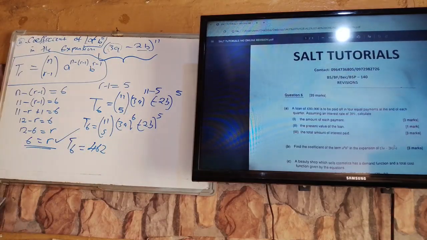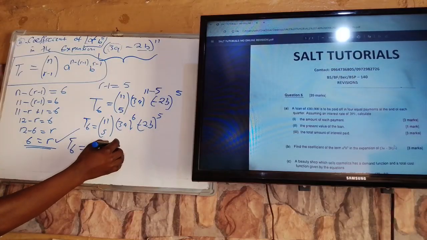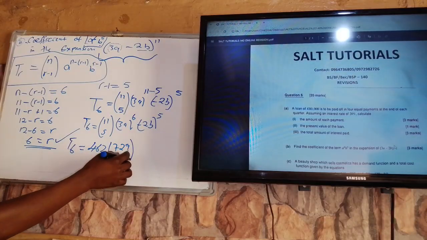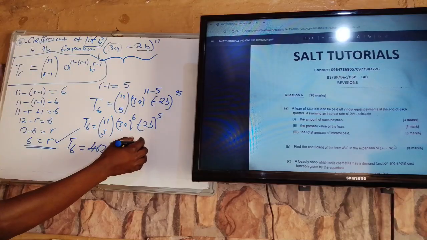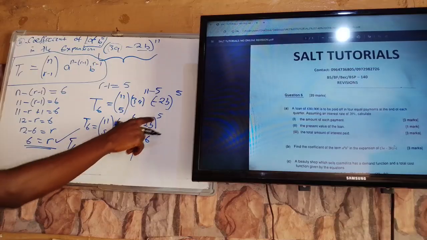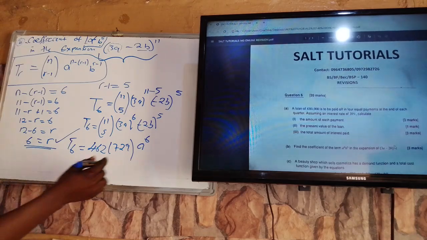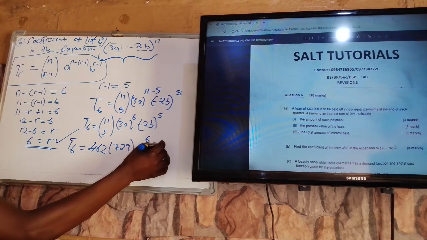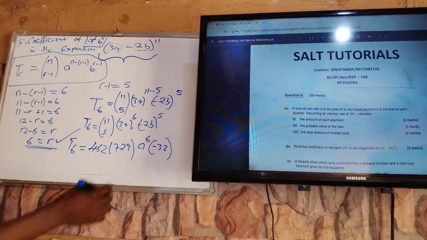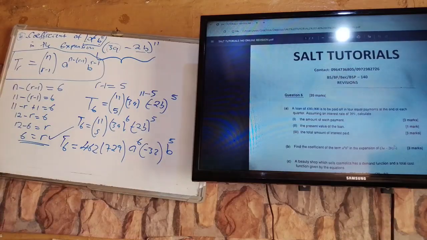Here I have 3 power 6, so 3 power 6 gives 729. A power 6 is still a power 6. Negative 2 power 5: 2 power 5 is basically 32, so I'm going to have negative 32. And b is as usual b power 5.